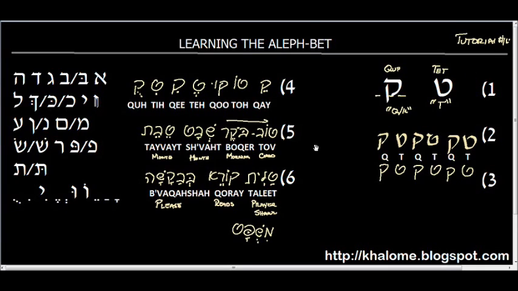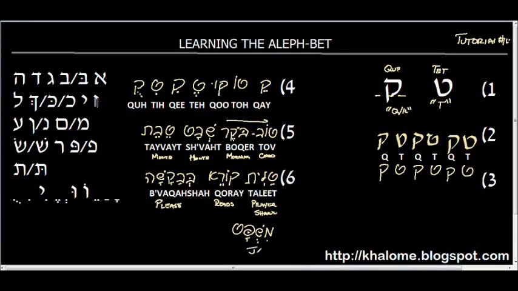And so there was one more I wanted to show you. If we use two of them together, katan, meaning little. So let me just put this down below here.